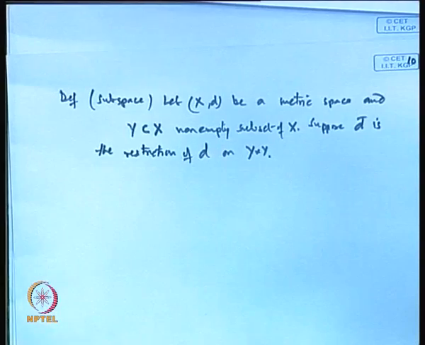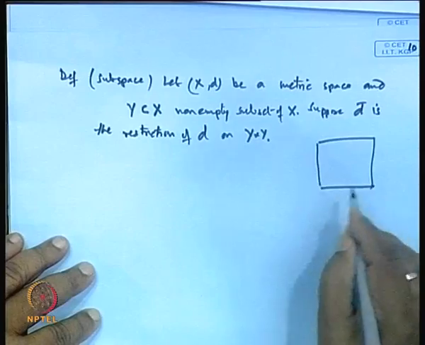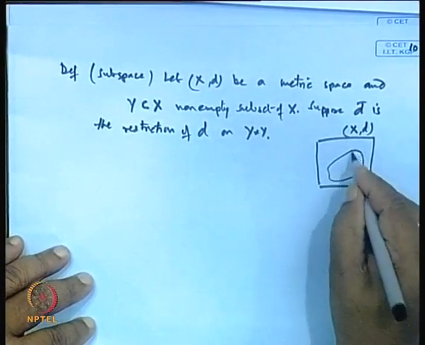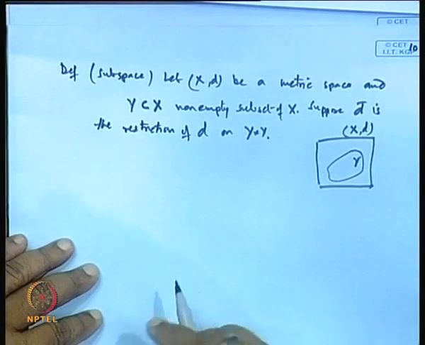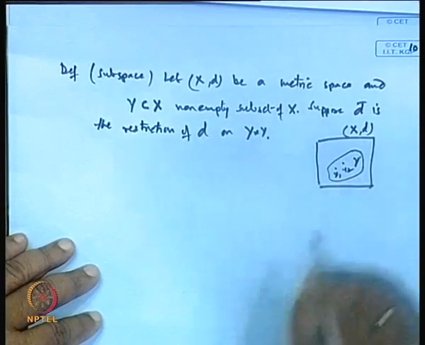What is the meaning of restriction? This is our metric space X, d, d is a distance function and Y is a non-empty subset of this. So, here the elements of Y are say y1, y2 like this.